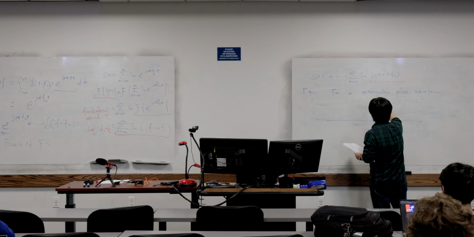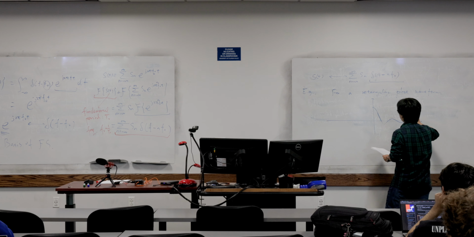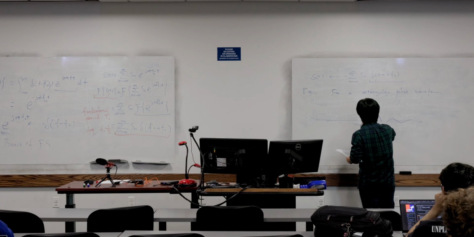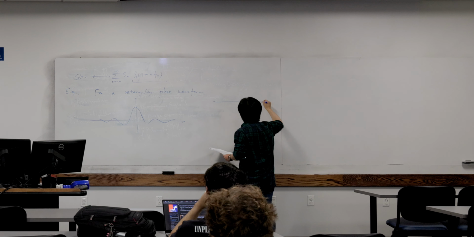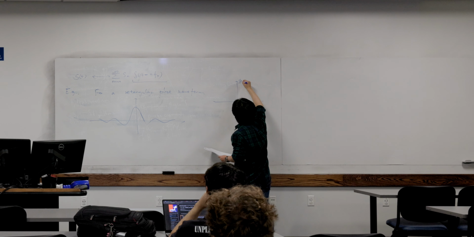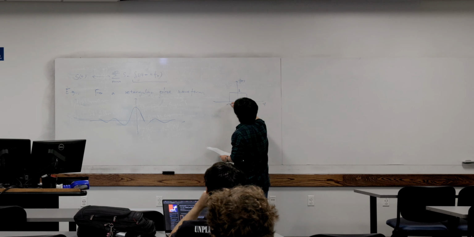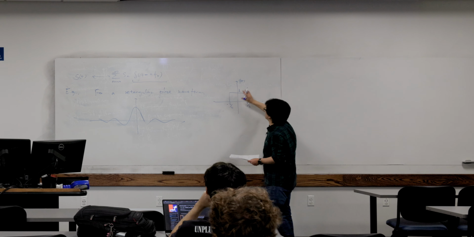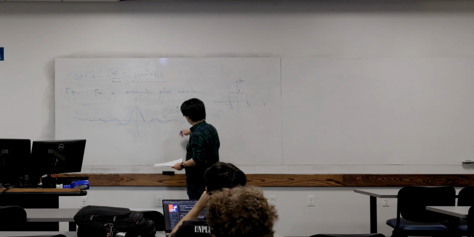In the frequency domain, let me remind you: if g(t) looks like this, with 1 here, tau over 2 here, and minus tau over 2 here, this will give you G(f).